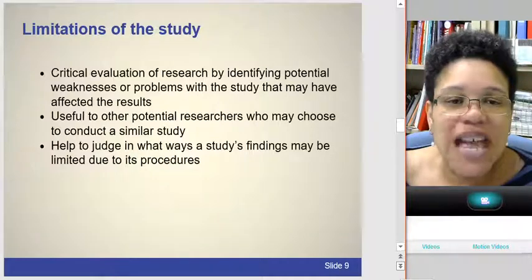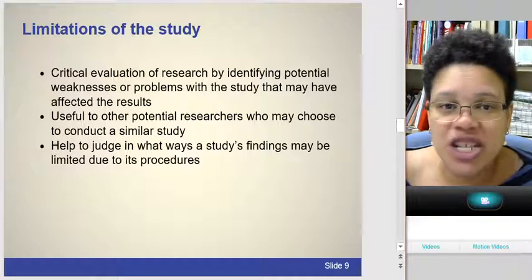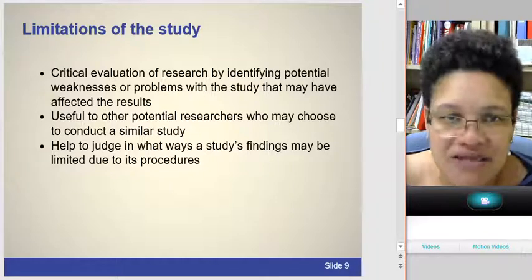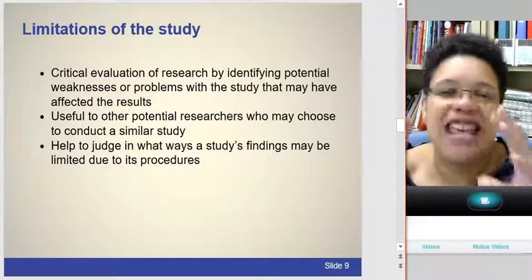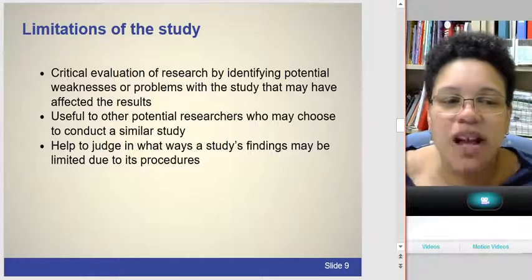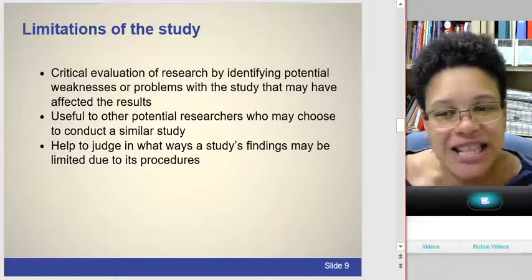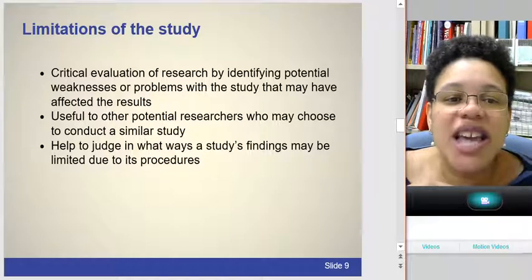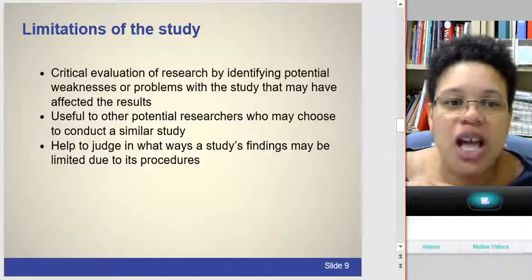Okay, so now some other sections that are usually in the conclusion, limitations of the study. Usually in the end part somewhere, most likely the conclusion, but somewhere in the back half, you get a critical evaluation of the actual research study.